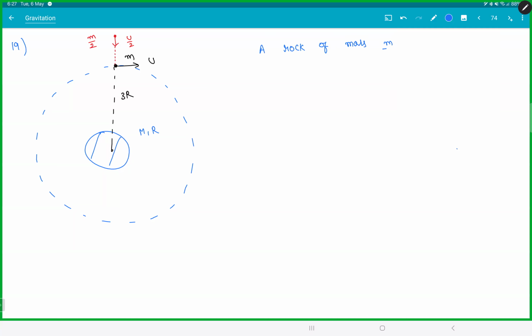A rock of mass m by 2 with speed u by 2, moving radially, means it is coming towards the center, hits the satellite and gets stuck.